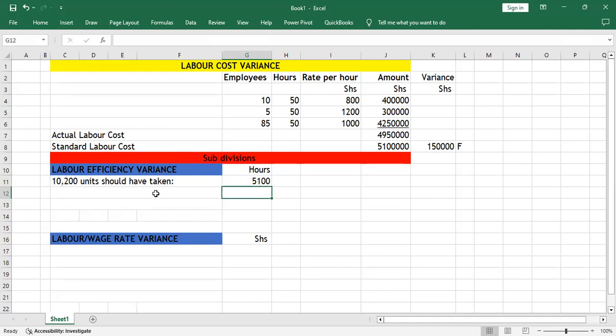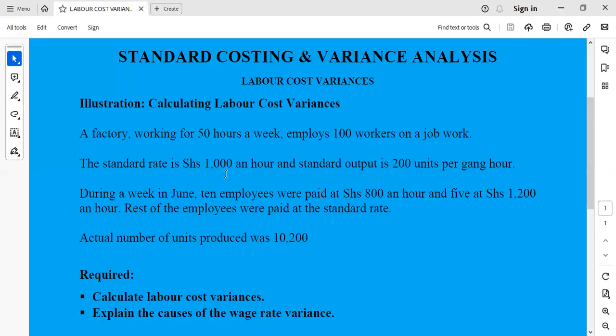But how many hours did it actually take to produce the 10,200 units in a week? Did it take 5,000 hours? How would you get the 5,000 hours? Remember, we have 50 hours a week, and we are employing 100 workers.